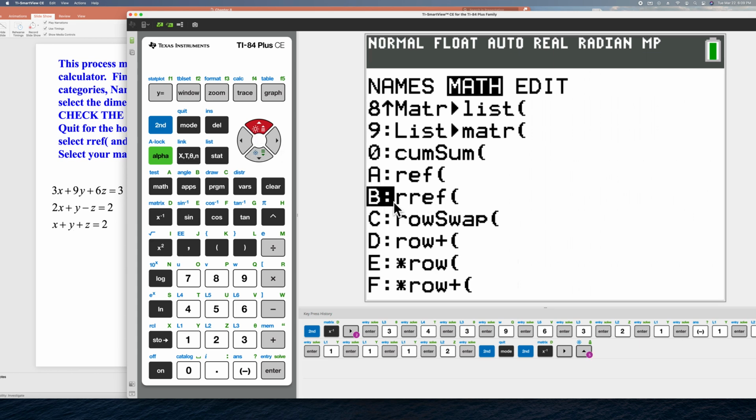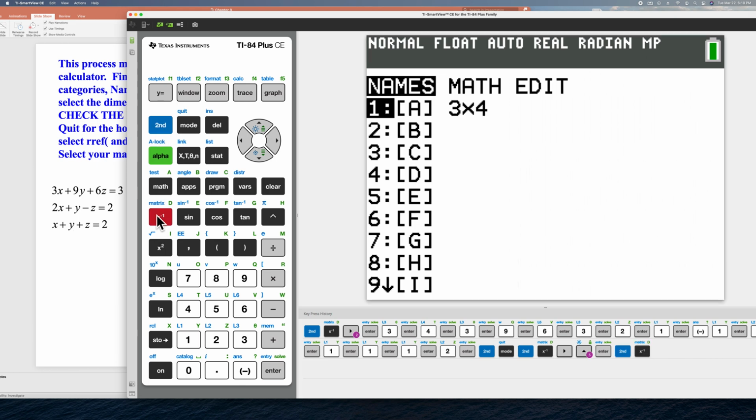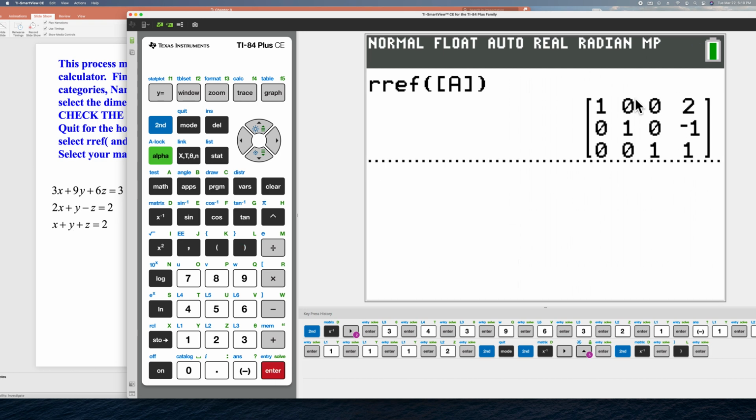That's what I want to choose. Then you hit enter. It pastes it into the home screen. Now we've got to put matrix A into this program. Second, matrix. There it is, already highlighted, so just hit enter. Close up the parentheses and hit enter. And there's the answer we got in the last video.